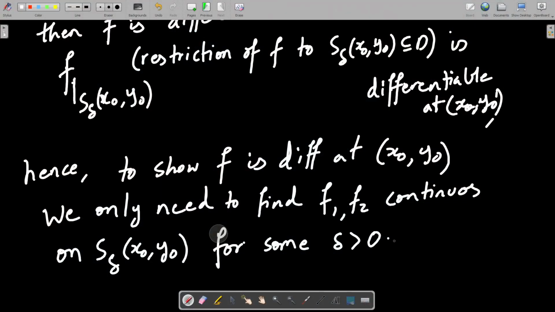It's easier to find a continuous function on small sets than on a bigger set; the bigger the set, the more troublesome it becomes, since they have to satisfy the condition. The restriction function will be differentiable, and if the restricted function is differentiable, the original function will be differentiable. Hence the result.